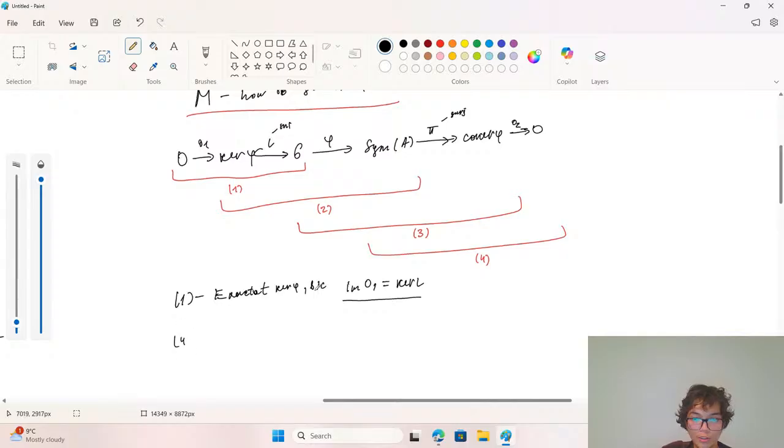And the fourth element of the short exact sequence in this long sequence, so it's also exact at co-kernel phi.